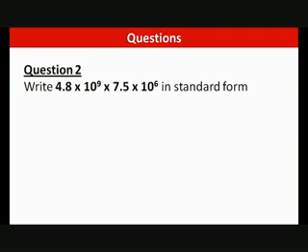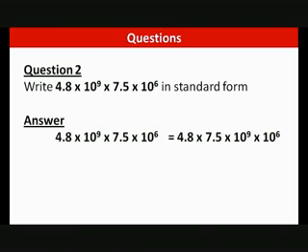Well, here's another question. 4.8 times 10 to the power of 9 times 7.5 times 10 to the power of 6. Write that in standard form. Well, again, I'm going to rewrite it with all of the regular numbers first and then the powers of 10 afterwards.